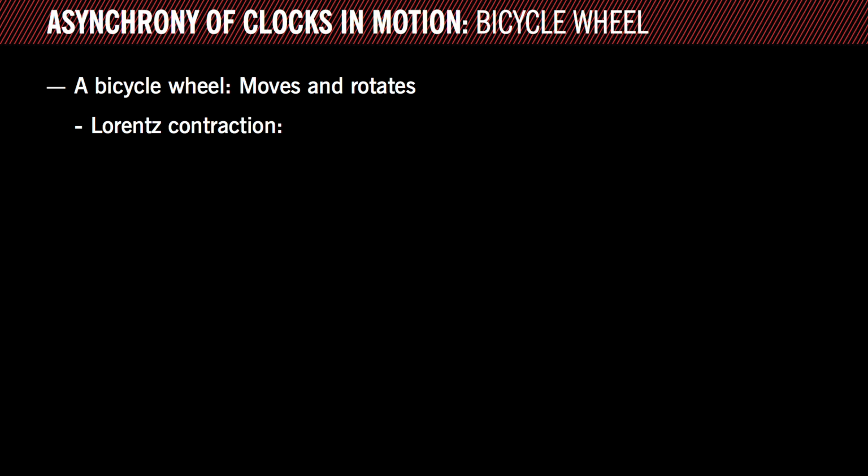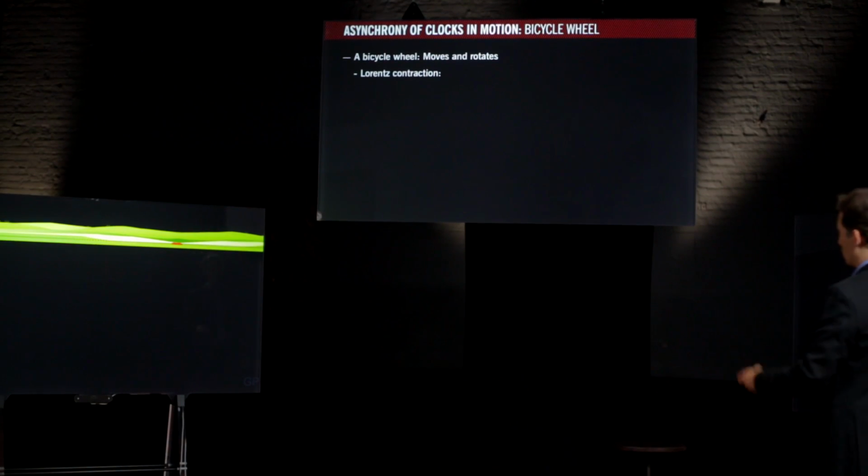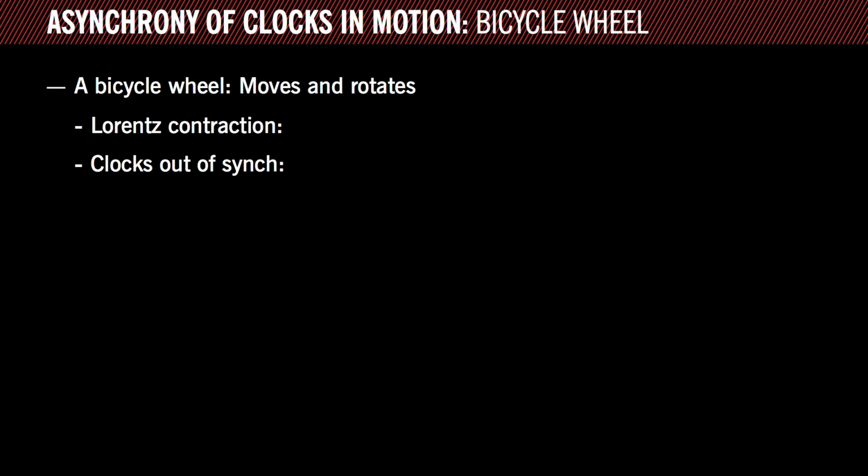Normally, based upon what we have discussed so far, if a bicycle wheel is rushing by, you would think that it would be Lorentz contracted. So it would be squashed along the direction it's moving. It would not have any of its height change, so the circle would kind of turn into an oval, turn into an egg.